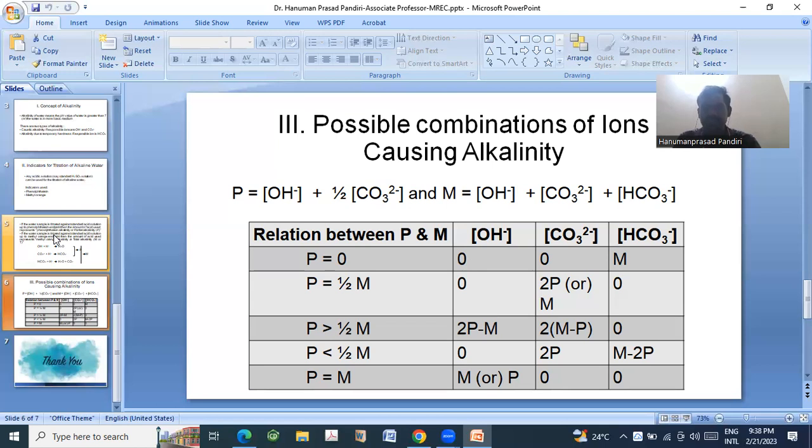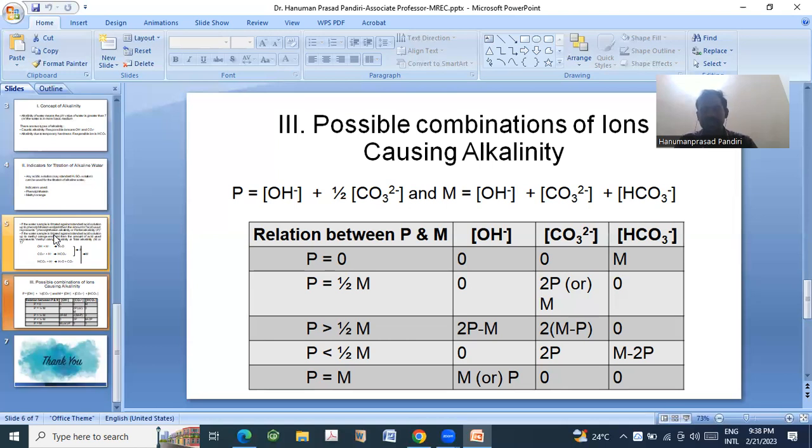And now you can derive the concentrations of carbonate as well as bicarbonate by adding and subtracting P and M. So you will get carbonate concentration is equal to 2P and bicarbonate concentration is equal to M minus 2P. So these are the concentrations of the three ions OH minus, CO3 2 minus and HCO3 minus, in the case of P is less than half M. This is the fourth relation we discussed.